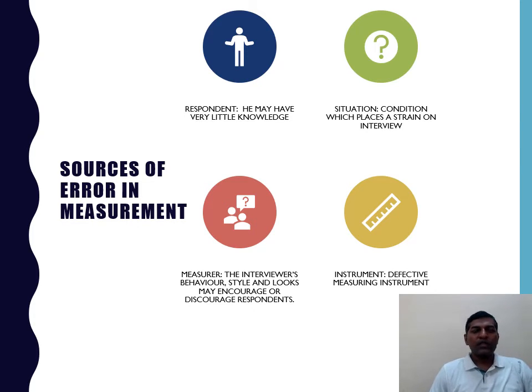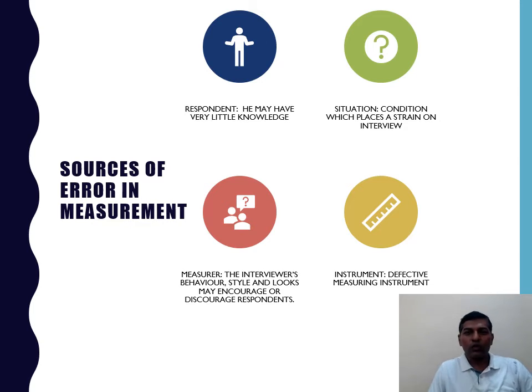The third point, which creates lots of error in the measurement, is that the interviewer's behavior, style, and looks may encourage or discourage respondents. As I said, the person who is going to collect information should be properly aware of the information collection procedures.